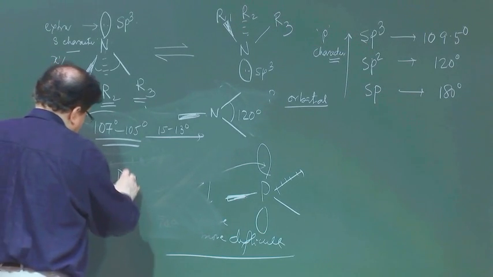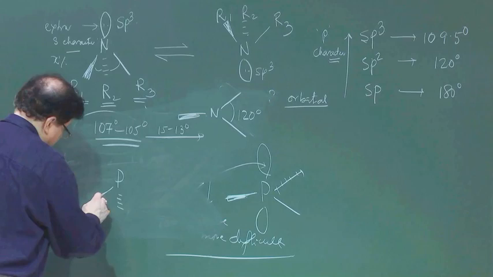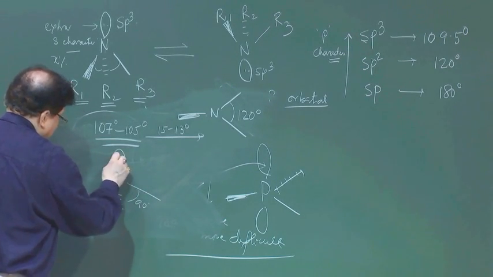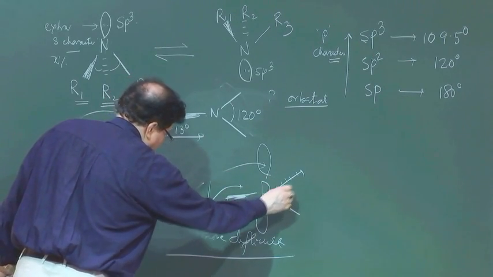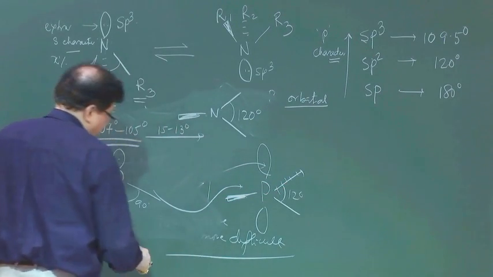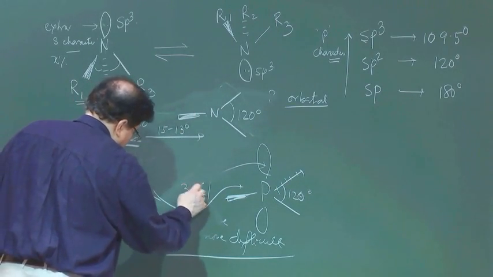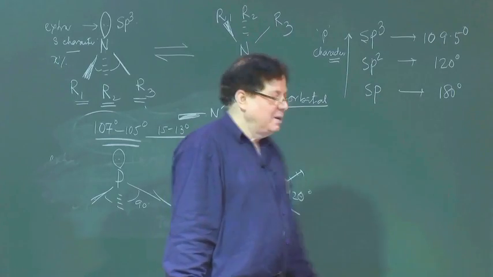In case of phosphorus, the angle is about 90. So, from 90 it goes to 120, that means you have to increase the angle by about 30 degrees. So, you need more energy to do this deformation.